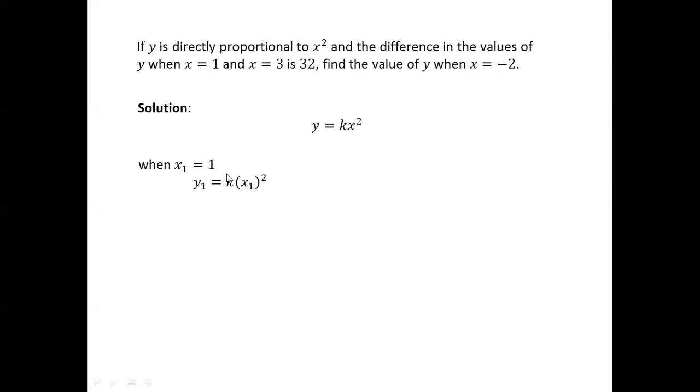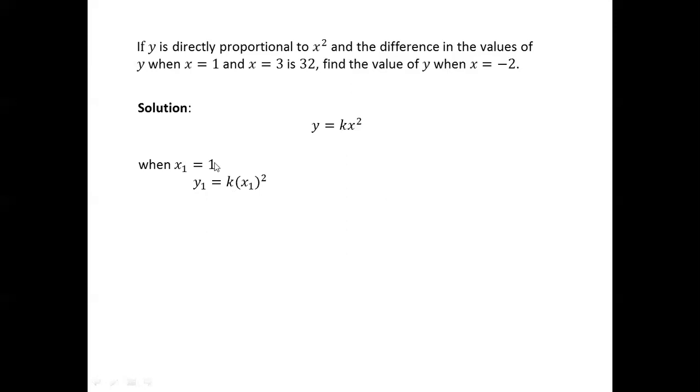Now, notice that I did not put a subscript for k, because again, k is a constant. Since this is direct proportionality, whatever the set of values for x and y, the k value will always be the same.